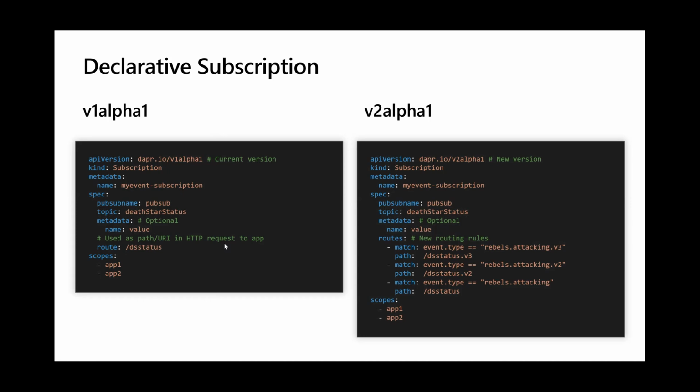That changes the structure enough that we wanted to introduce a V2 of the CRD or the YAML structure. If you look, the real difference is it goes from a singular route to plural routes. And you can see CEL in action there where it says match, right? That is actually a CEL expression, and event represents the cloud event object itself.